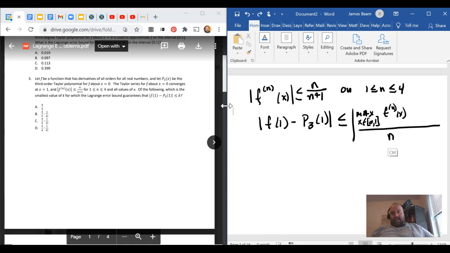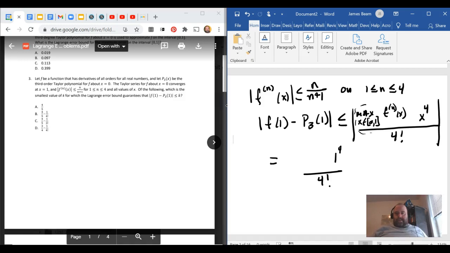So it's one more, so it's got to be 4 factorial. And we are centered at 0. So this is going to be x to the 4th. Again, the largest possible value for x to the 4th on 0 to 1 is going to be 1. So this is going to be 1 to the 4th, over 4 factorial. But we know this guy is bounded above by this guy. So it has to be bounded above by 4 over 5.